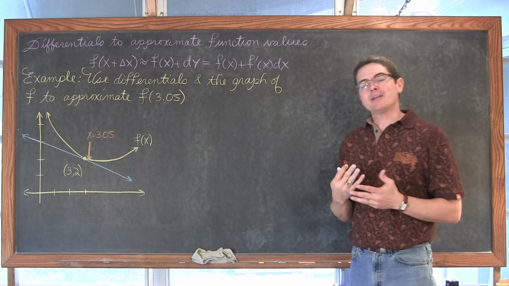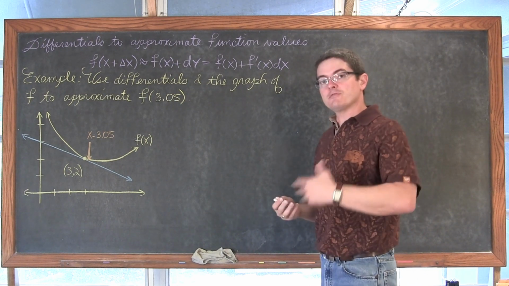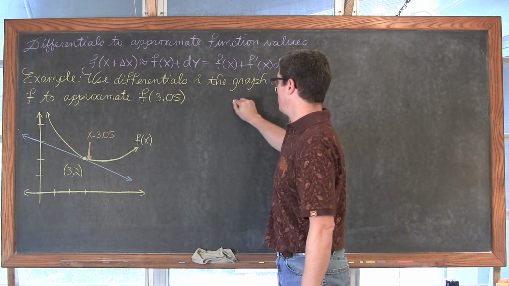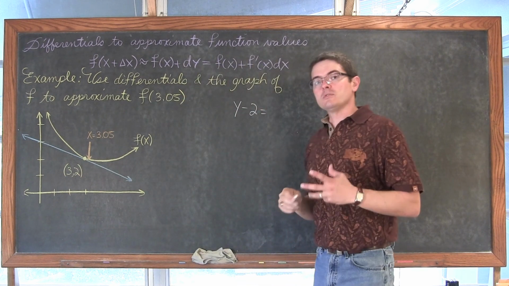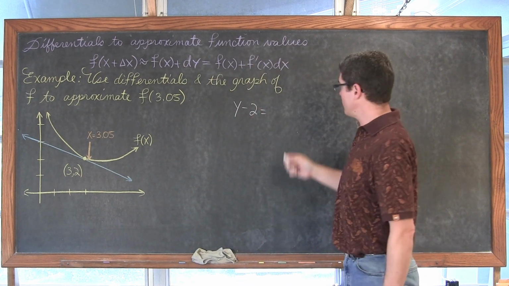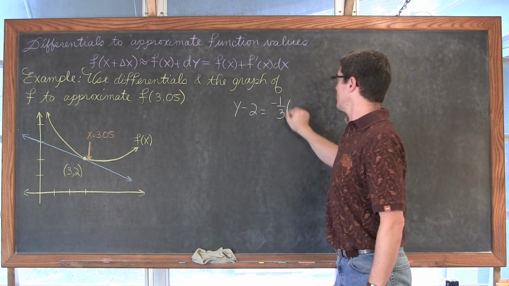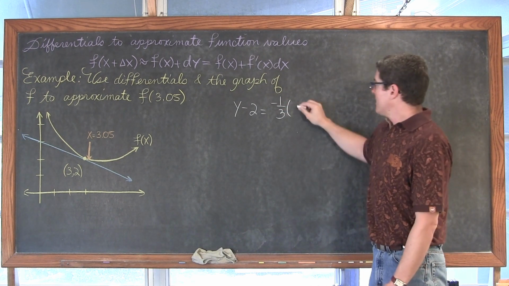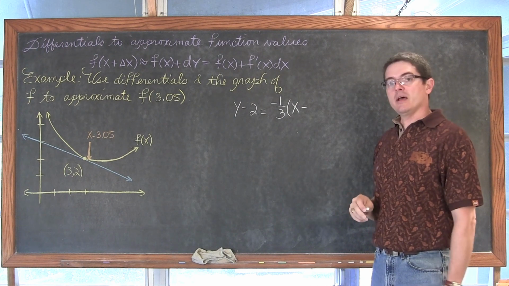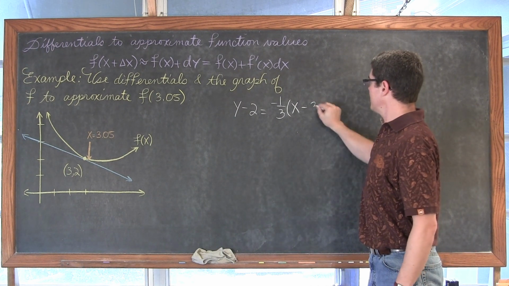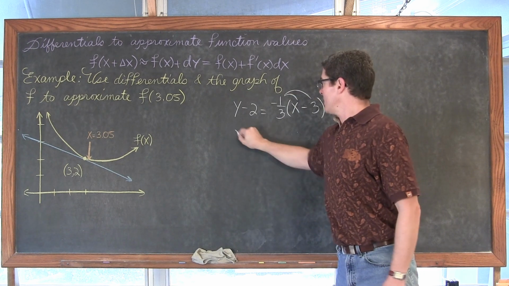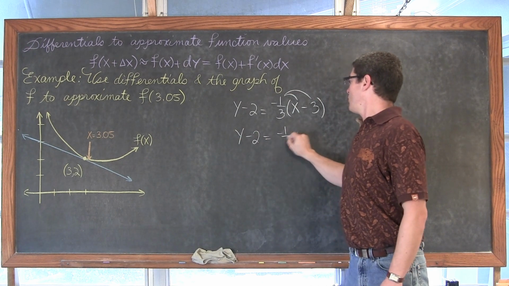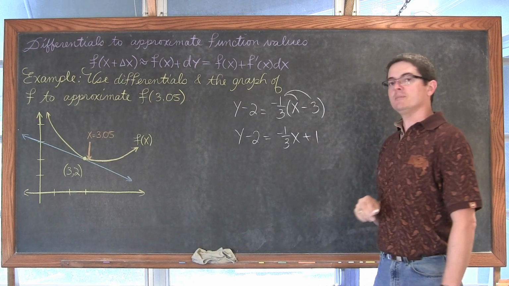But if you remember it's called tangent line approximation, you can just find the equation of the tangent line, which is going to be y minus y sub 1 equals the slope, and the slope at that point of tangency was negative 1/3 that we used to make the tangent line, times x minus the x of the coordinate, which of course is 3. We take this negative 1/3 and distribute it. We get y minus 2 is equal to negative 1/3 x plus 1.